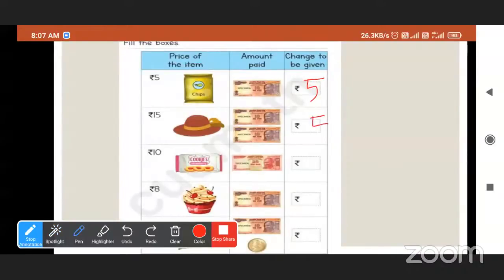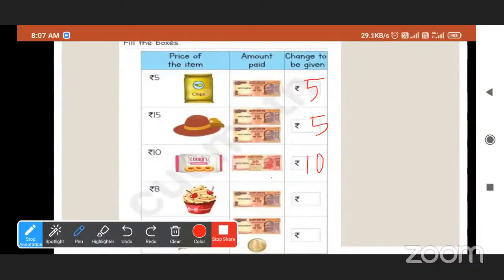Good. Now price of the item, third one, is 10 rupees and amount paid is 20. So the change to be given is 10 rupees. Good. Now see the fourth one, price of the item is 8 rupees and amount paid is 10.